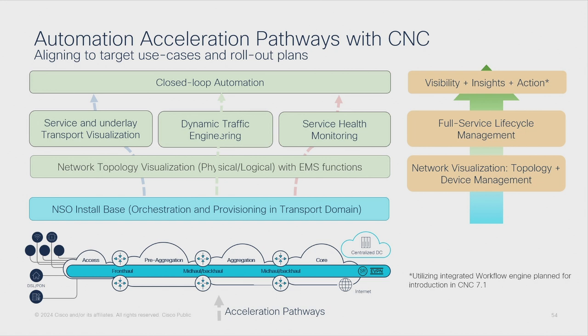I can start to look at the services and ability to navigate down to the underlay transport, or doing dynamic traffic engineering, which is again intent-based, or service health monitoring, where I can extend the service models to also include what I need in terms of provisioning the instrumentation, the probes to collect the data and be able to automate the characterization of the health of the service, as well as allows you to figure out if there is a degradation where in the network it could be caused. And then going up further in the maturity levels, then you can start to implement the closed loop automation right from optimization to maintenance to remediation.